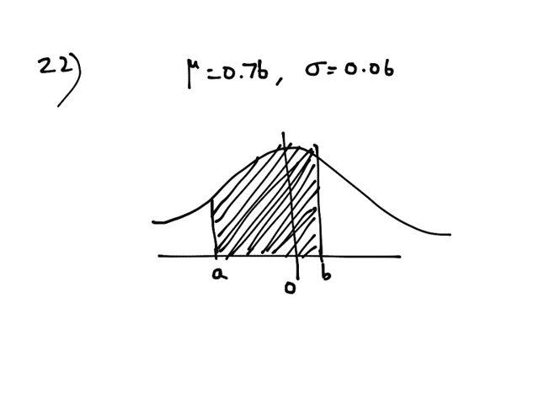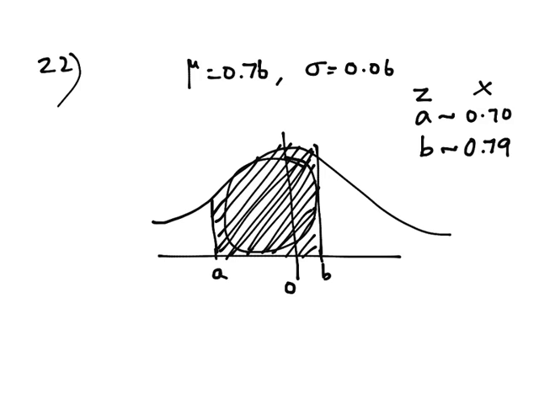So find the values of A and B. That means A corresponds to 0.70 and B corresponds to 0.79. Now how do we find it? Very simple. These are actually X values, and A and B are Z values.